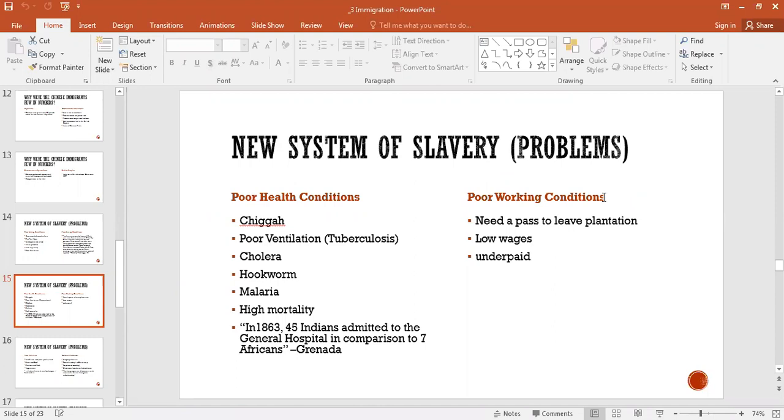It still happens today, you know, ladies. You have a lot of people that work, and when they work, they don't get any money. Still happens. Poor working conditions. And on the plantation, if a machine should damage any of the workers, they usually leave them just like that.